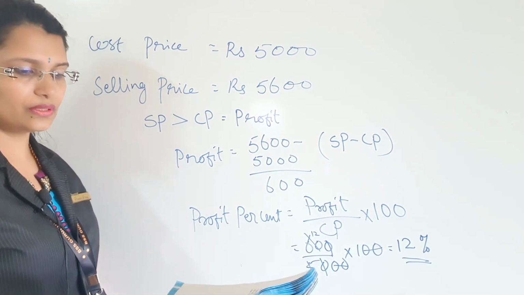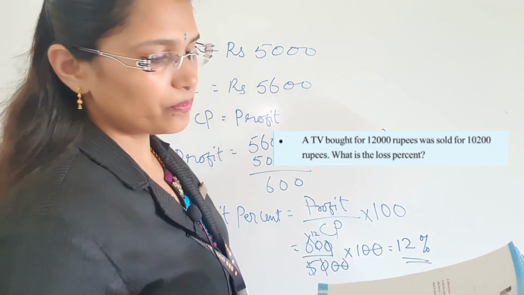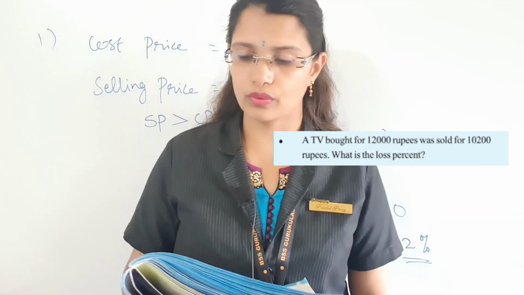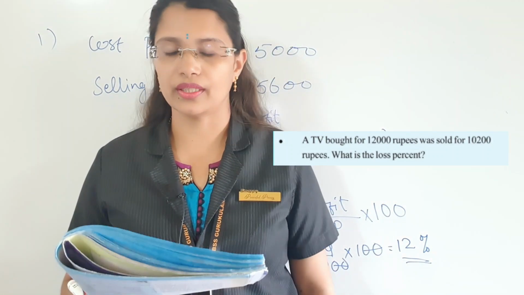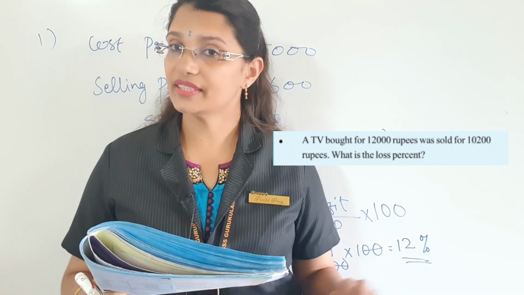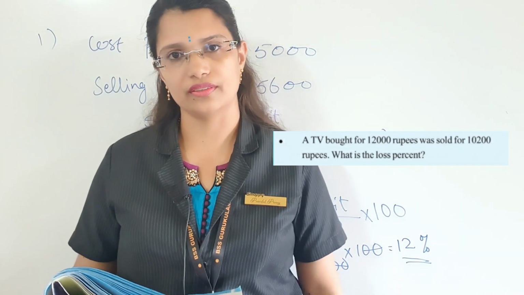Now let's do the second question. A TV bought for 12,000 rupees was sold for 10,200 rupees. What is the loss percent? Here which is greater, children? If cost price is greater, loss is the result.